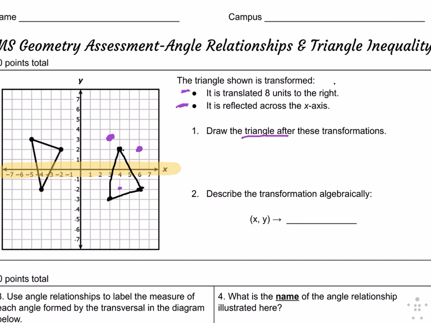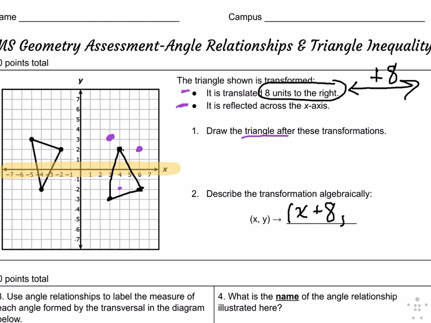If I'm moving to the right, I'm affecting the x-coordinate because the x-axis only goes left and right. Moving 8 units to the right is the positive direction, so I'd be adding 8 to the x-coordinate. So here I have x plus 8.